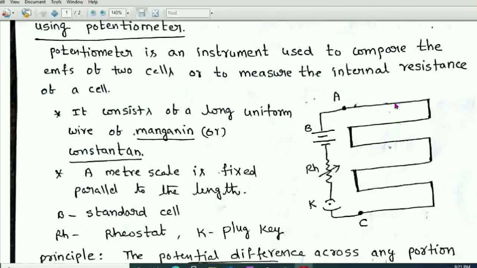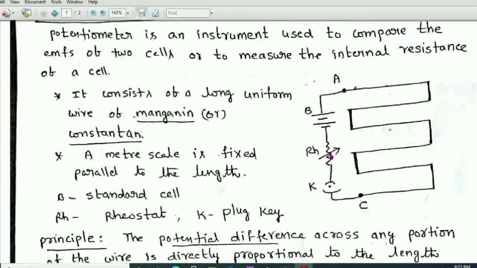A meter scale is fixed parallel to the length of the potentiometer wire to measure the length. A and C are the terminals, and between the two terminals this wire is stretched on a wooden board.